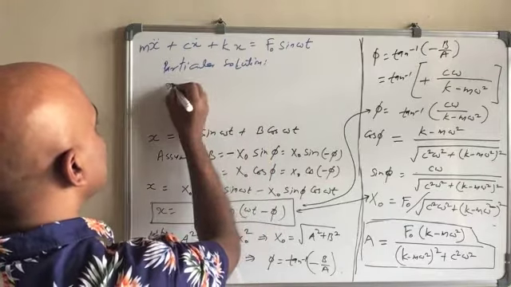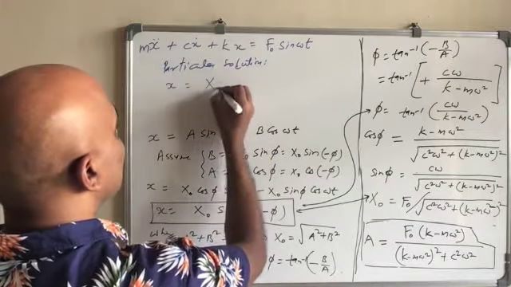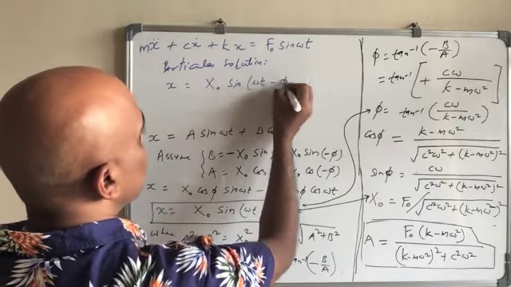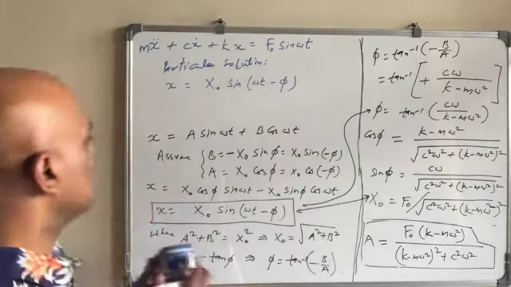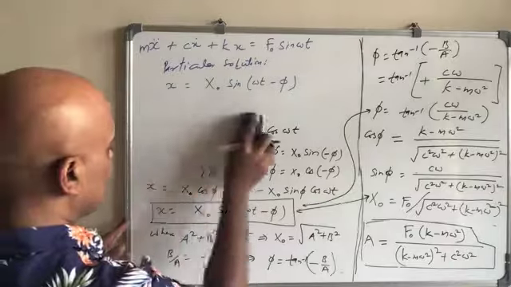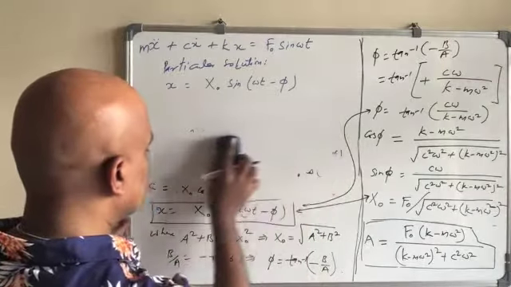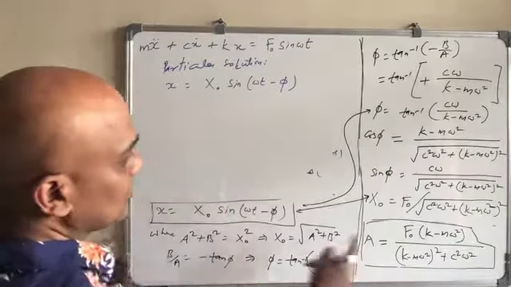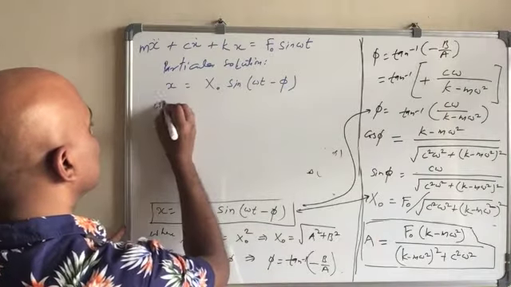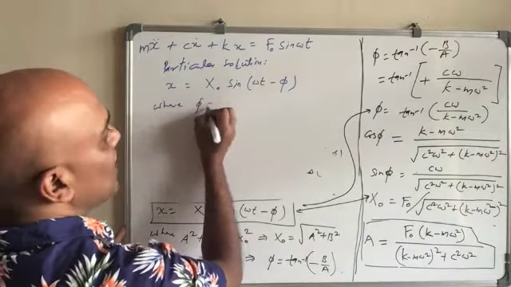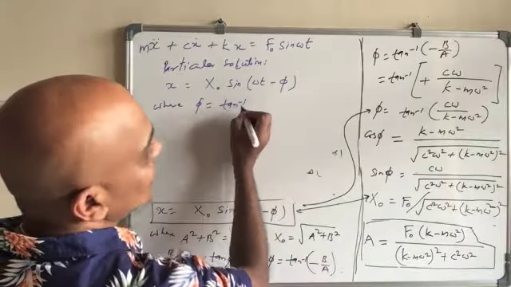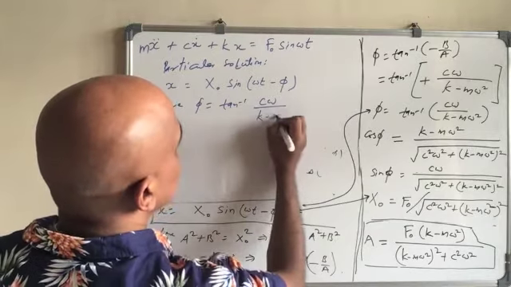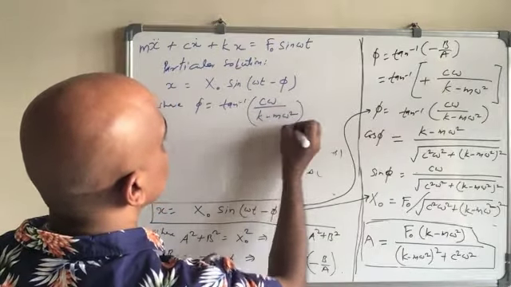So for the particular solution, what do we get? We get x equal to X naught sine omega t minus phi, where phi equal to tan inverse of c omega divided by k minus m omega square.